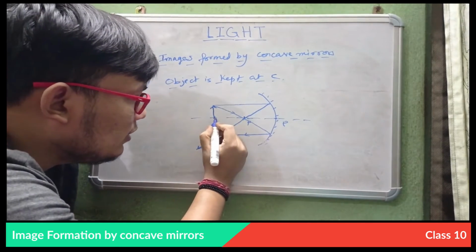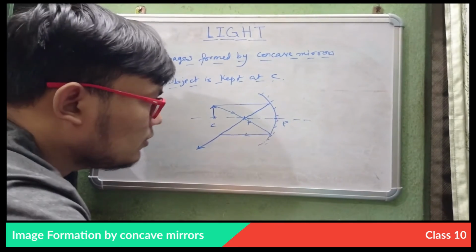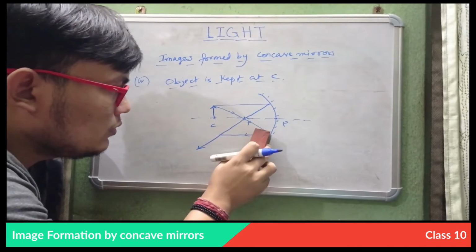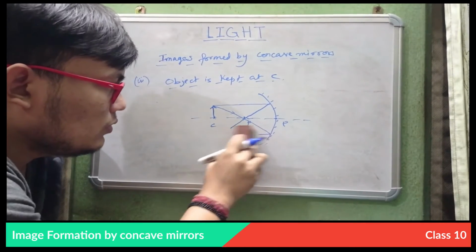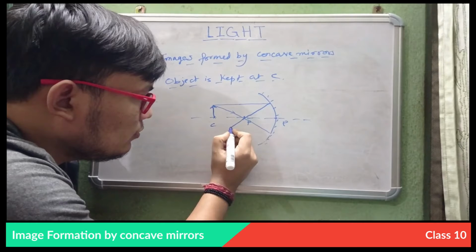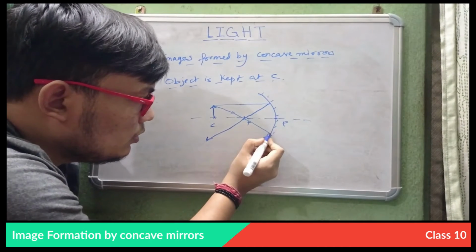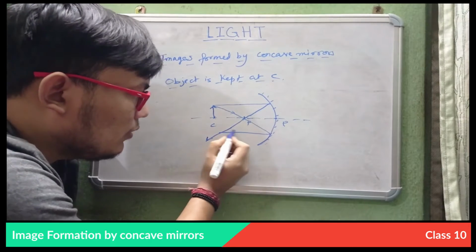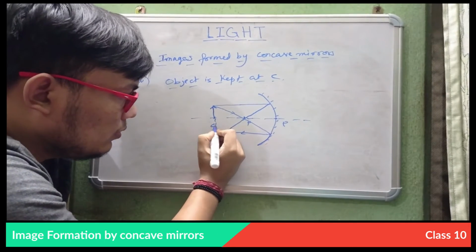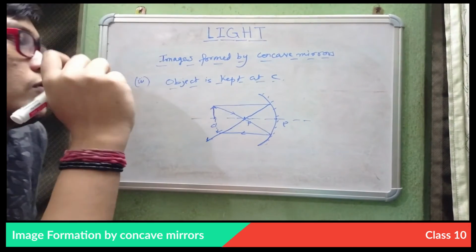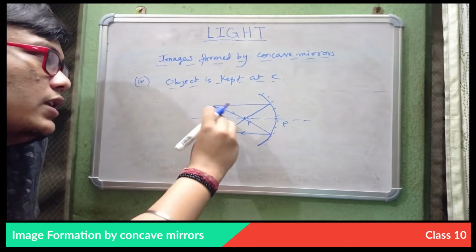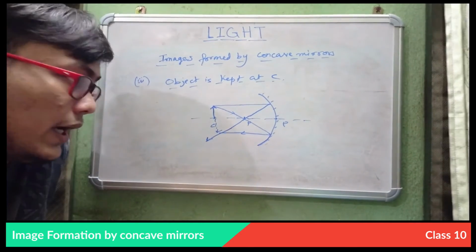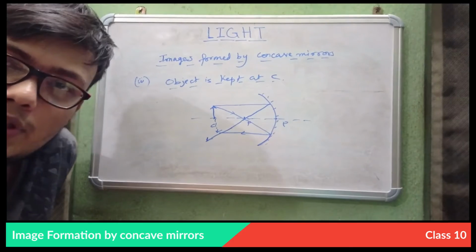So if I draw it a bit properly, it is seen that the image is formed. We can see that the image is also formed at center of curvature, right?